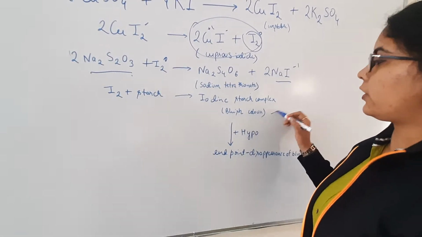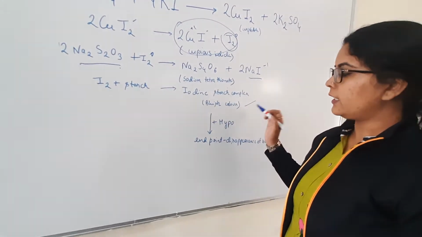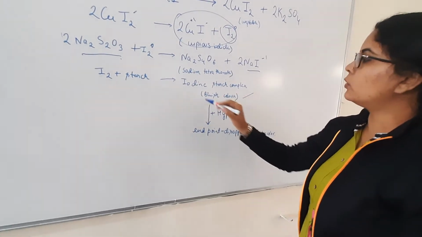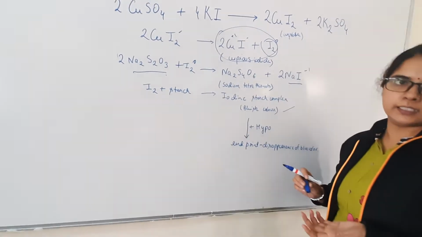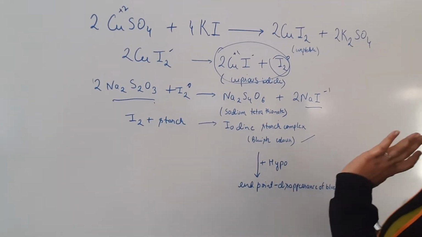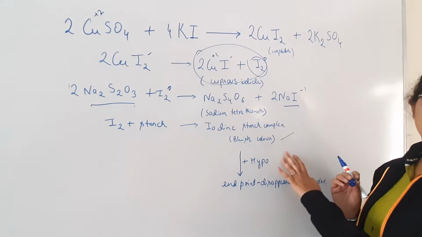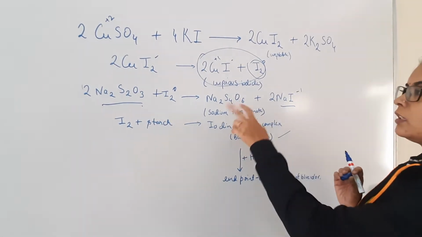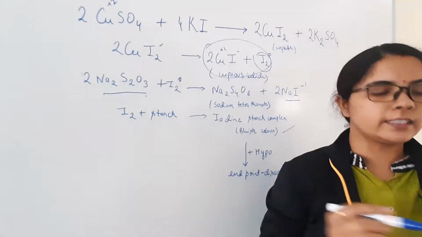But this is not the end point. We have to continue adding the hypo solution till this blue color disappears and we get a white color. That will be our end point. That means all the liberated iodine has reacted with the hypo solution.